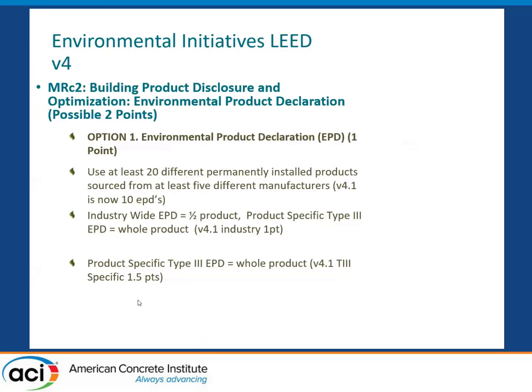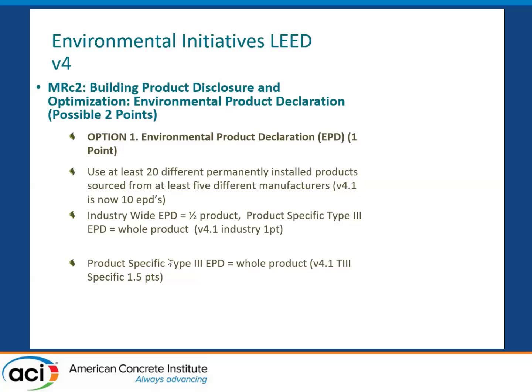Now what also changed is when they went to version 4.1 for LEED v4, they reduced the impacts of that. It used to be 20 permanent products. It's now down to 10 EPDs required. The industry EPDs went from 1/2 point to a full point.